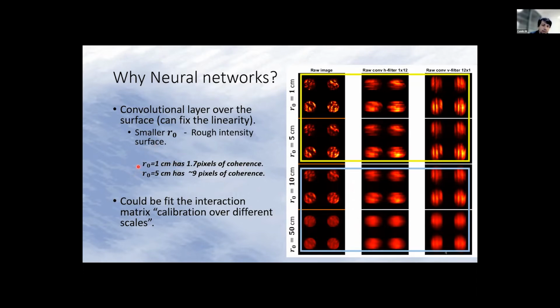Another example here, if we consider this simulation of the telescope that we are using, if we include an r0 of 1 centimeter, it has 1.7 pixels of coherence, and if we include a bigger one, for example this one, we have 9 pixels of coherence in the image and in each subpupil.